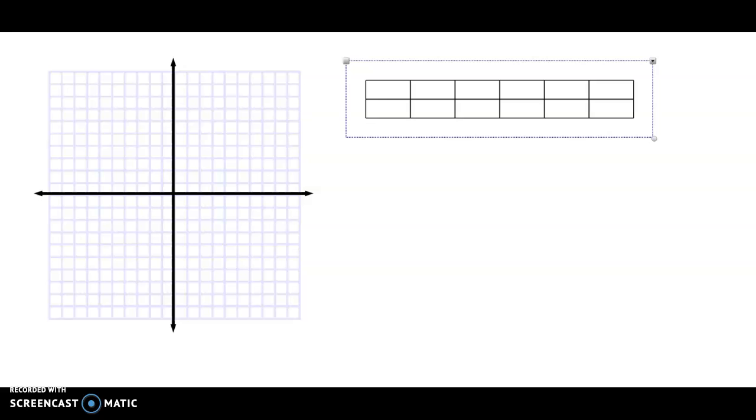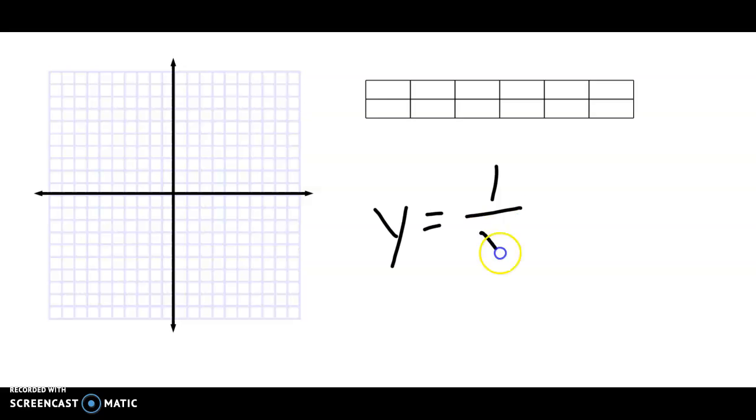All right, so let's look at some particulars. We're going to stick with y equals 1 over x. All right, so again, if I put a 0 in there, we know it's going to be undefined. But what happens if I put a 1 in? Well, that's 1 over 1, which is going to give me 1, so (1, 1).